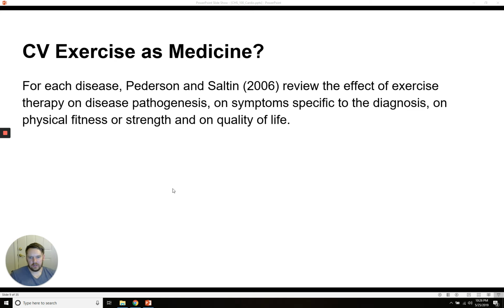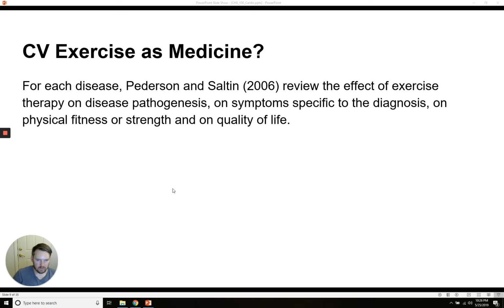Now, for each disease, researchers Pedersen and Saltin in 2006 did a review of research on the effects of exercise therapy on disease pathogenesis, on symptom-specific diagnosis, on physical fitness or strength, and also on quality of life.